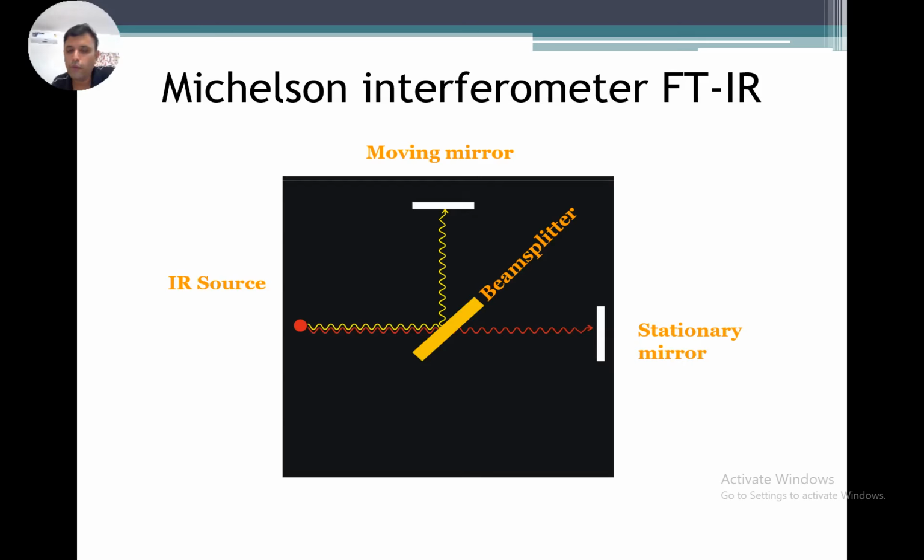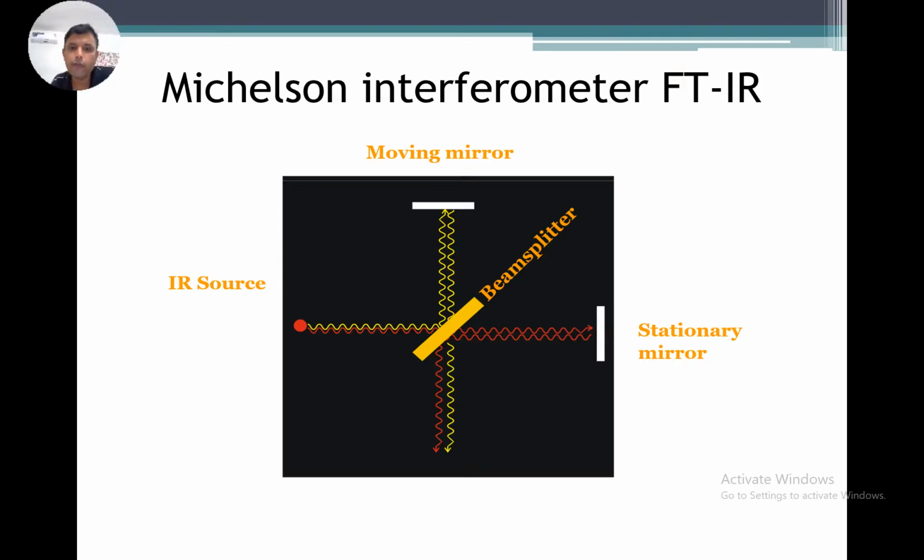So once the radiation is reflecting back, a new radiation with high amplitude will be formed if constructive interference is happening.